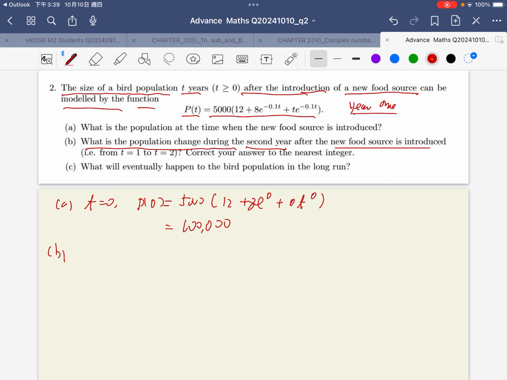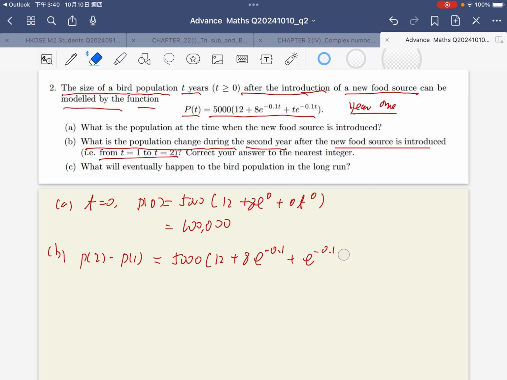It means that during the second year, in general, it means P2 minus P1. Okay, then P1 is this, and minus P2.